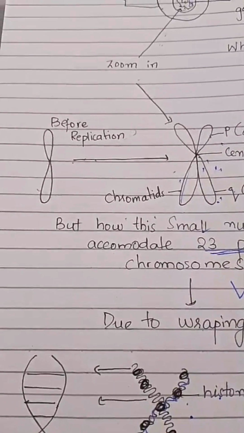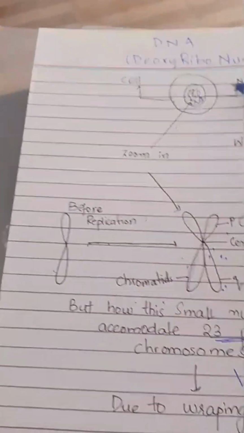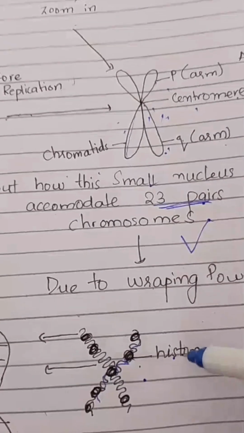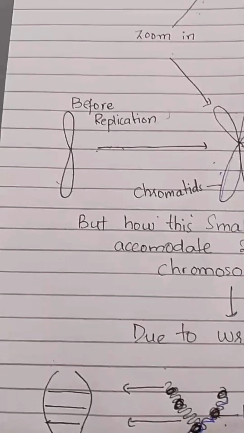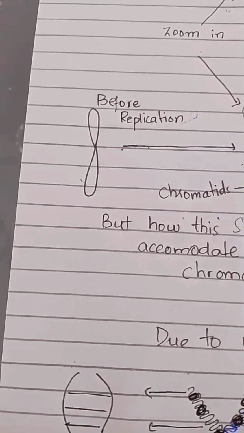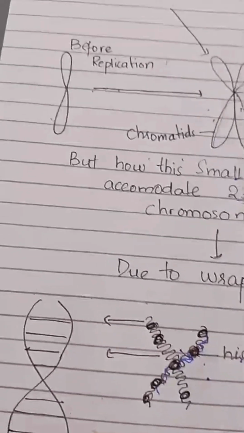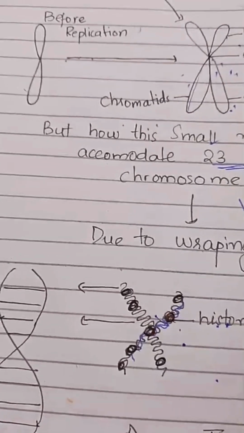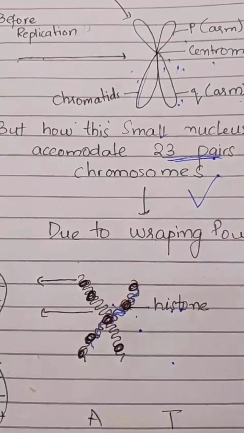This small nucleus is accommodating such a very large genetic material. Whenever the DNA wraps around the histone protein, it gets set, accommodates itself, and forms the proper chromosome structure. You can see this is a DNA.